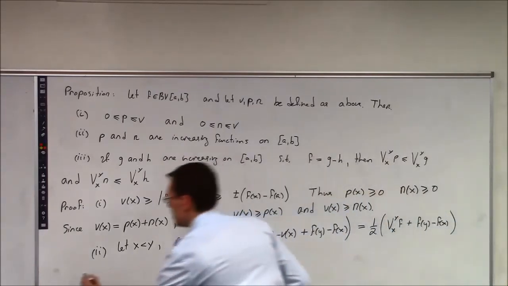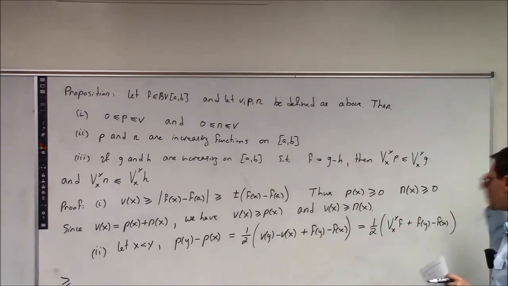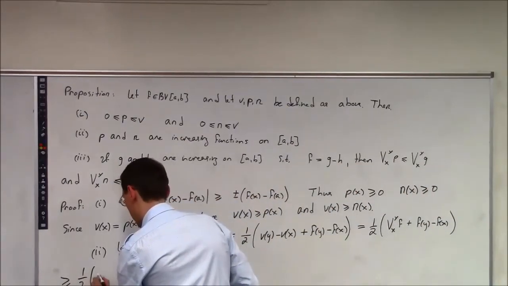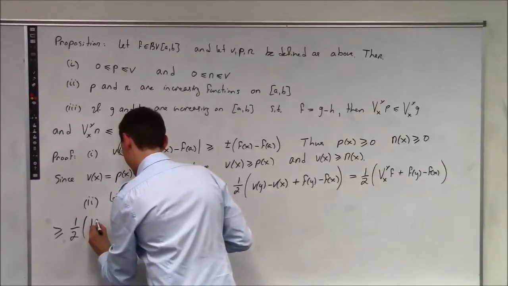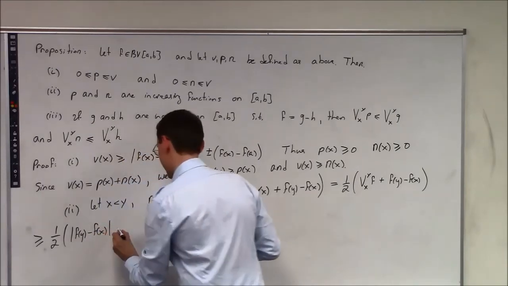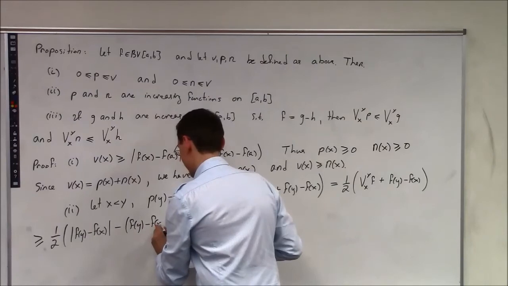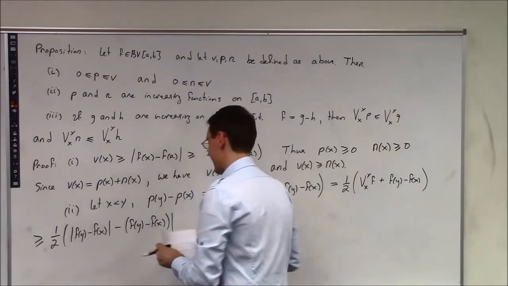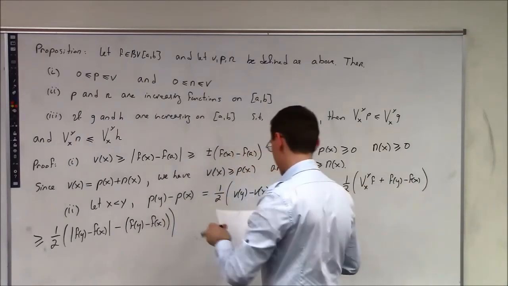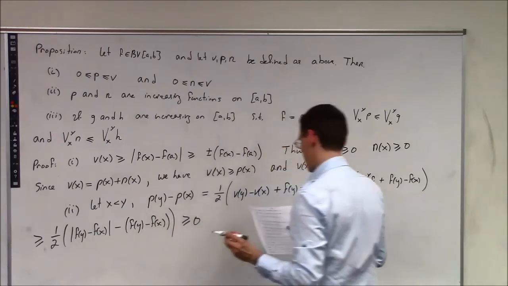And this variation is bigger than or equal to just f of y minus f of x. So this is bigger than or equal to 0.